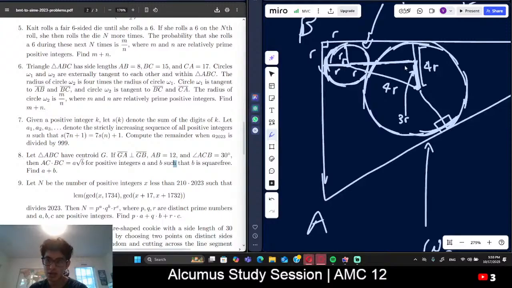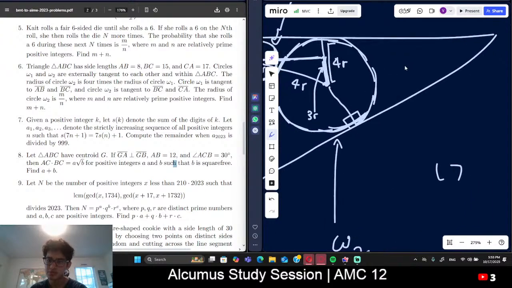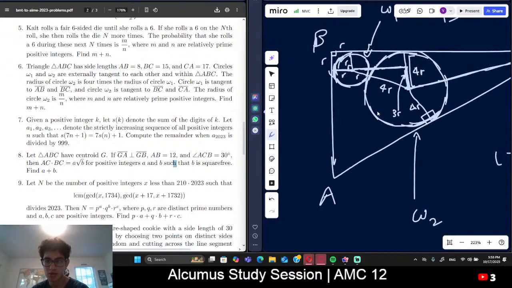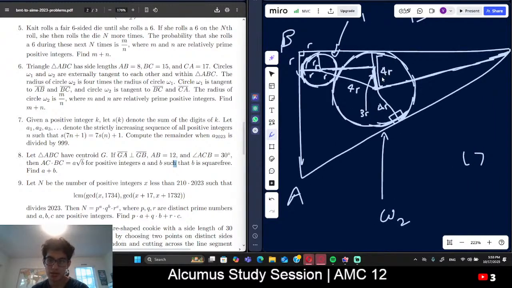And is there something similar that we can do over here? I don't think so, but at the same time, we do know this piece of information that these two triangles are going to be congruent to one another, with this being 4R. So if we can do something with that fact, that will be great. Similarly, maybe now we can draw this over here, which is a tangent, meaning that we get right triangles.